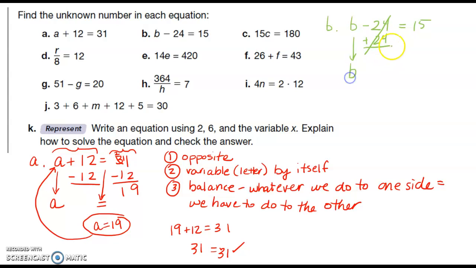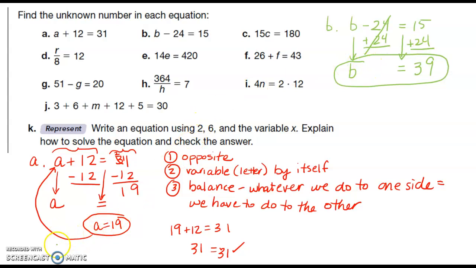My B comes down. My equals comes down. Now what I do to one side, I have to do to the other side. So I have to add 24 to this side of the equals. 5 plus 4 is 9. 1 plus 2 is 3. And that is my answer right there.